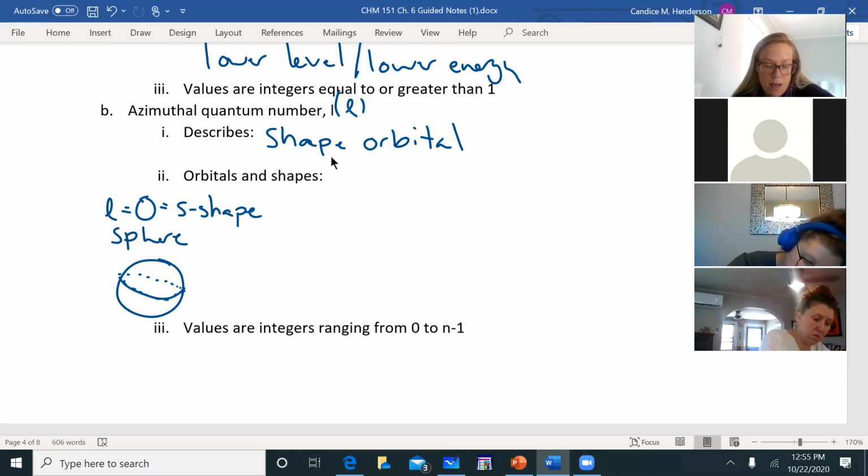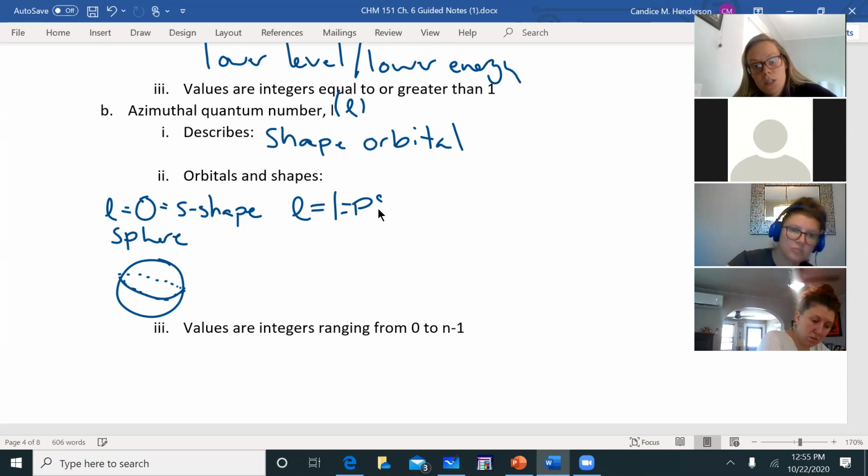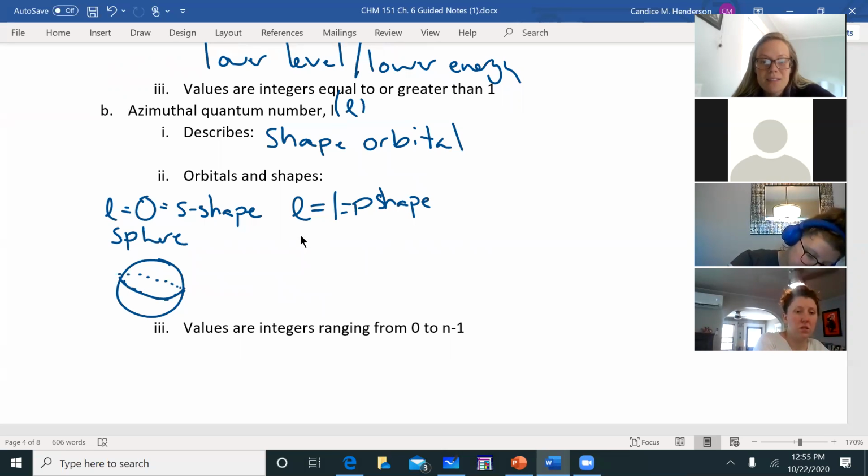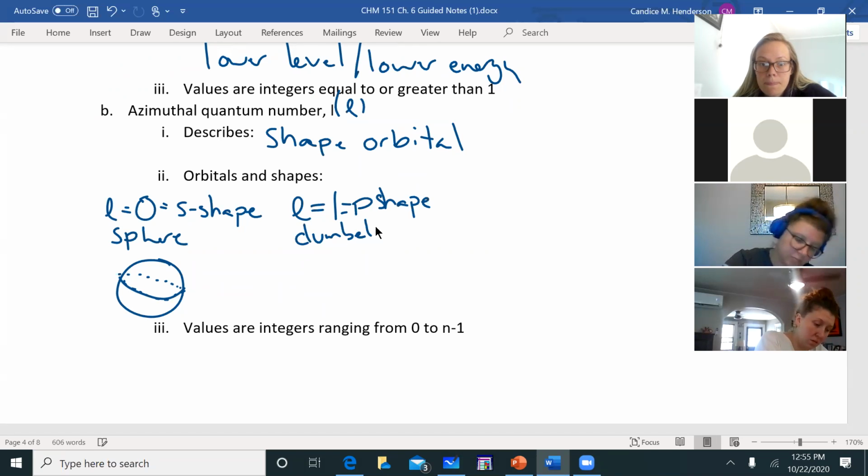The next one would be l equals 1. This is going to be the p shape, or sometimes called the p orbital. It's like an infinity symbol, or sometimes called the dumbbell. It looks like this.